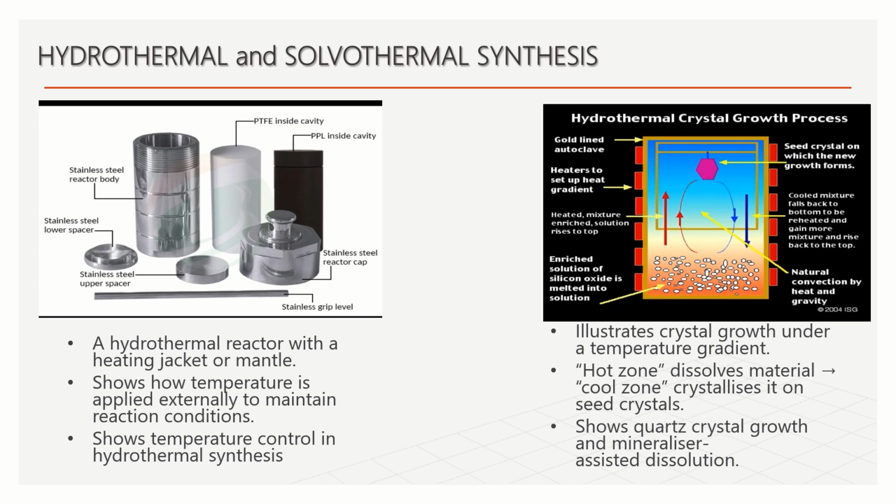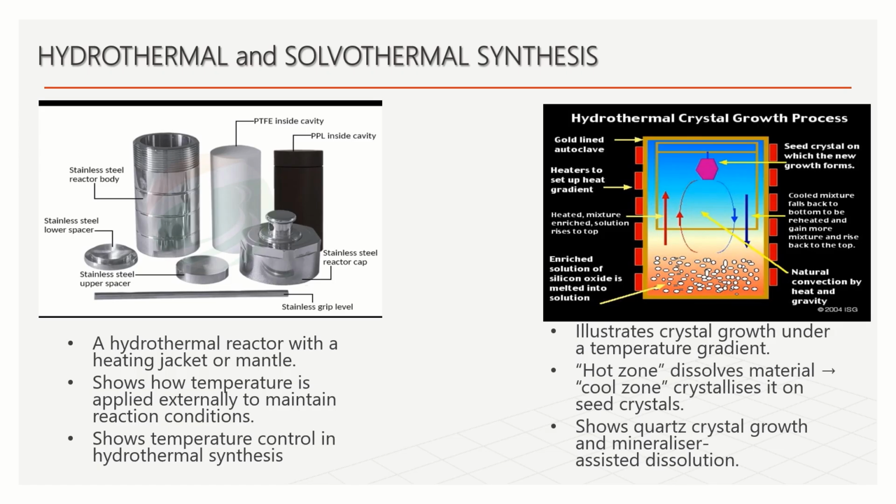So once assembled, the whole unit goes into an oven. The heating jacket or mantle controls the temperature of the reactor. And in short, the steel gives pressure strength, the PTFE gives the chemical resistance, and the oven gives the temperature.